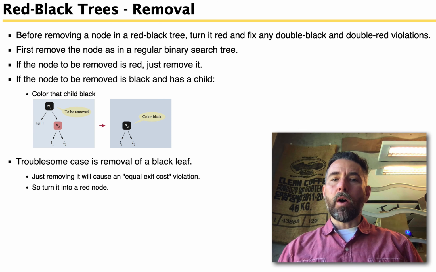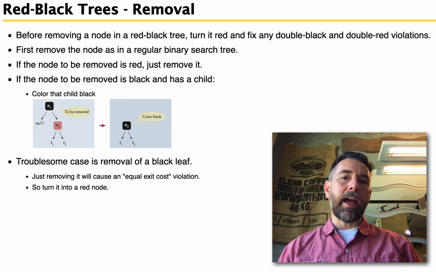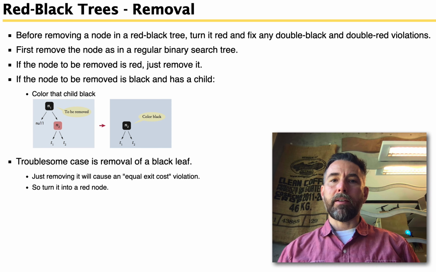We take the N1 data and put it into the node that's about to be removed, and we repair this portion of the tree by shifting T1 and T2 to be children of N2, moving N2 up to the spot that N1 was removed from, and coloring N2 black. In this way, this little piece of the subtree has no double reds, it has the same exit cost preserved, and it maintains the binary search tree.